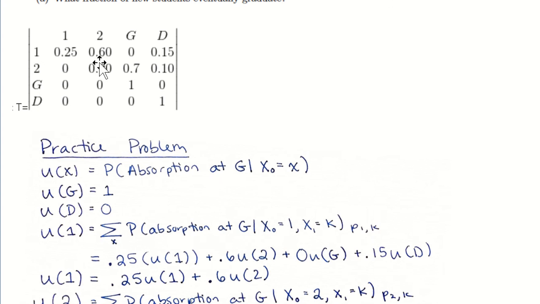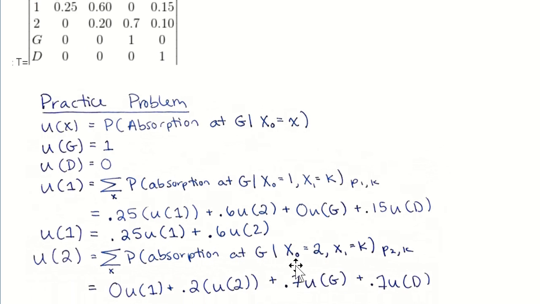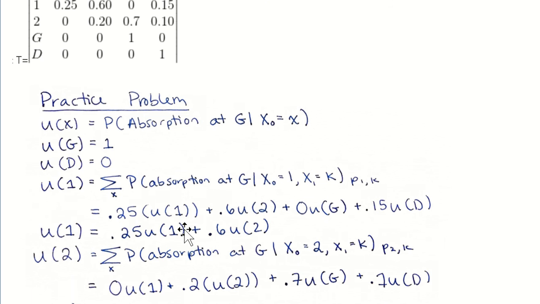So 0.25 times u1 plus 0.6 times u2 plus 0 times ug plus 0.15 times ud. And we already know ud is 0, and we can cancel out this 0. So the equation that we'll use for finding u1 is this. Then we have to just do the same thing for u2.